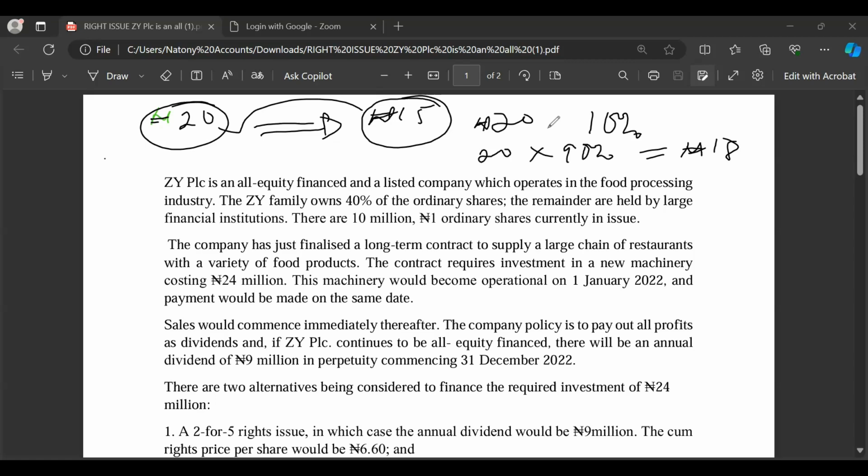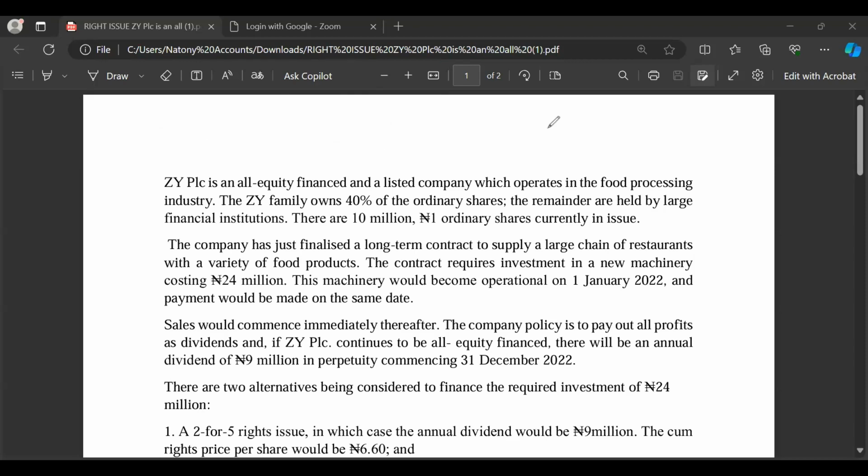The third way your examiner will want you to get the right issue price may be that the company needs to carry out an investment.